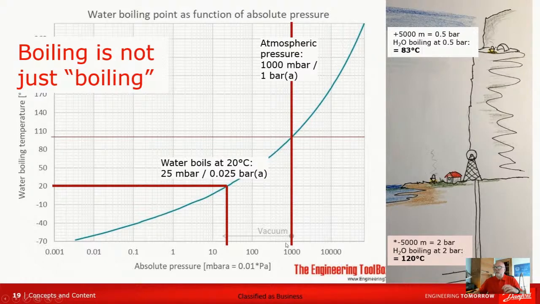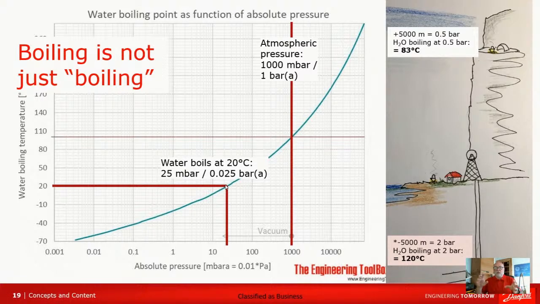You can see this is atmospheric pressure, and if you lower the pressure down to something like 0.025 bar or 25 millibar, the water will boil at 20 degrees Celsius. That's worth knowing, actually.